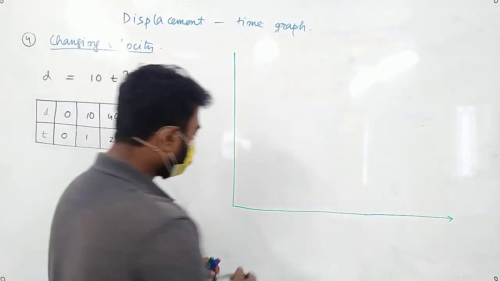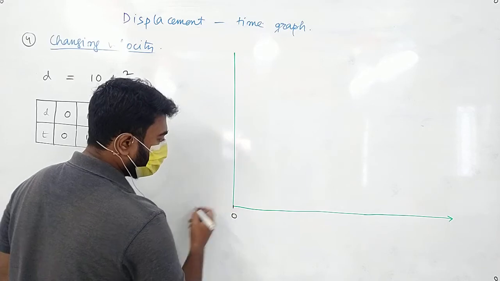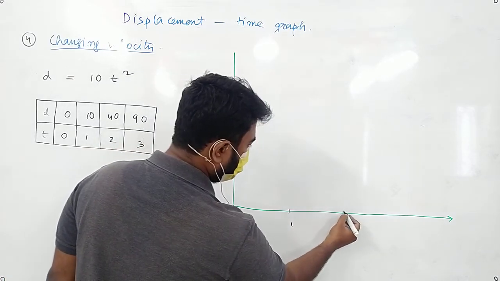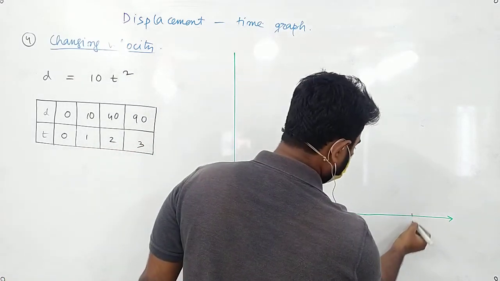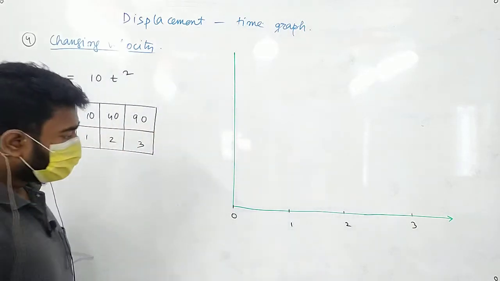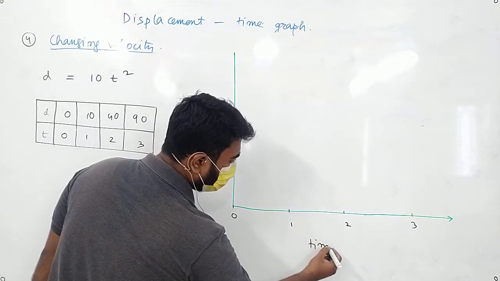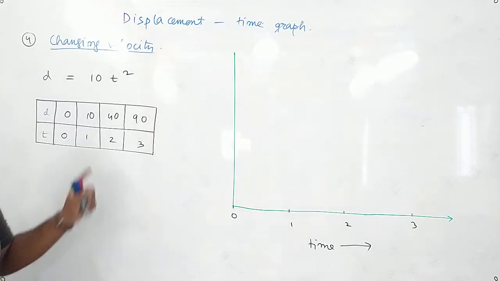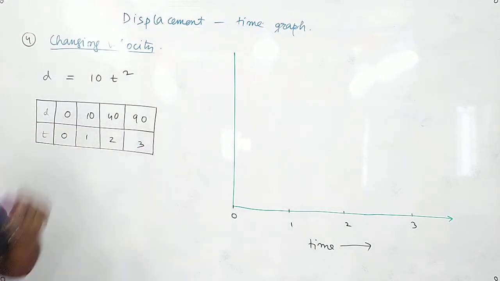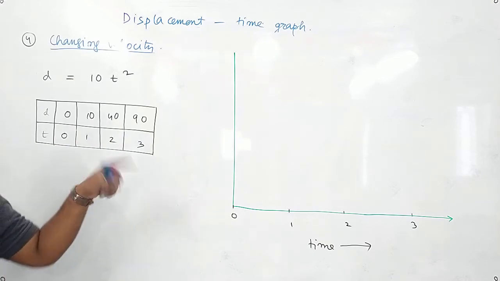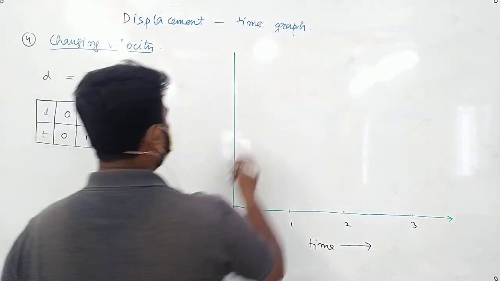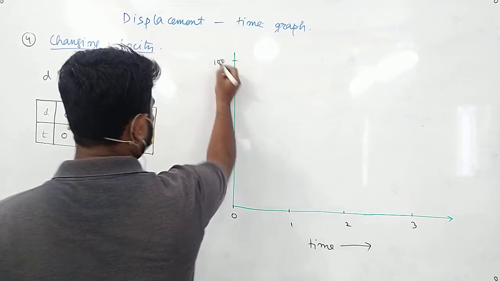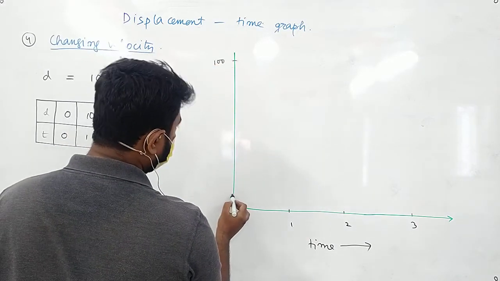So can I mark it as 0, 1, 2, 3? We always put time in the x-axis. Okay, displacement is from 0 to 90. We will take it from 0 to 100.